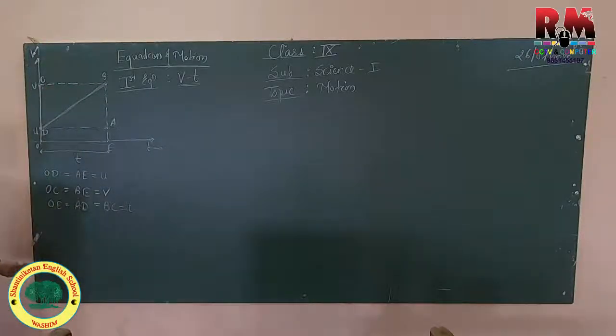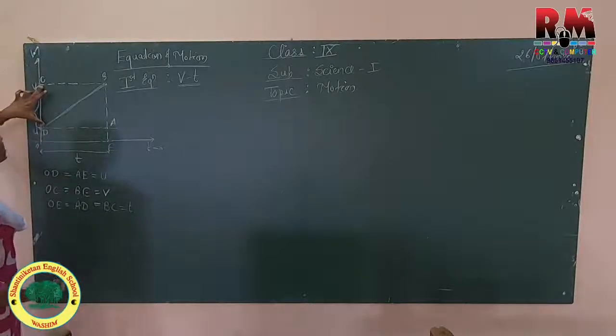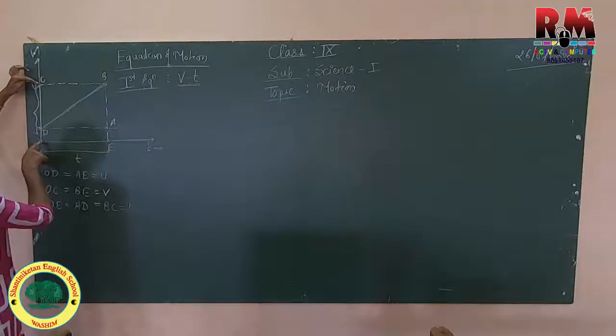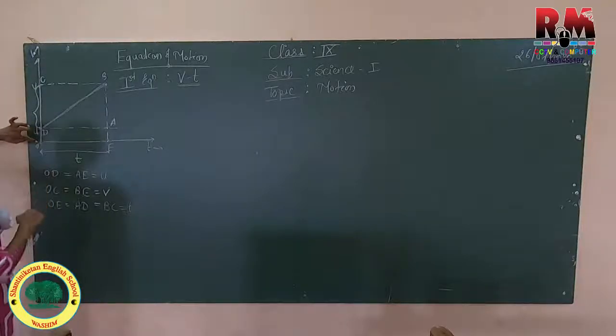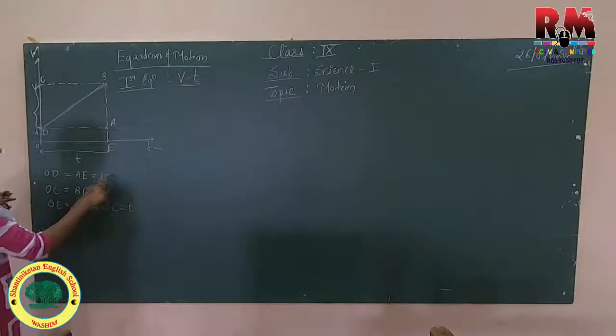Now what about CD? It's very simple, from the graph also you can answer it. What is the value of CD? Final minus initial. Here you take final minus initial, u minus 0 is equal to u, and v minus 0 is equal to v.